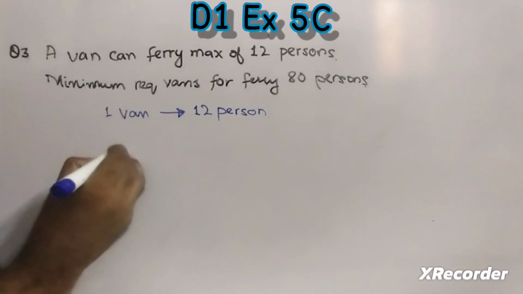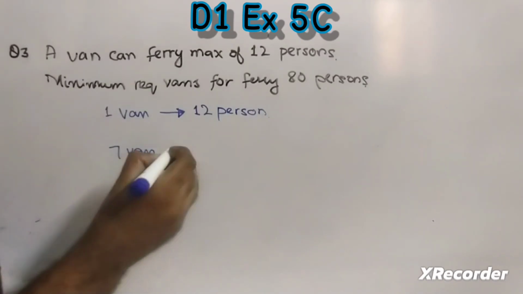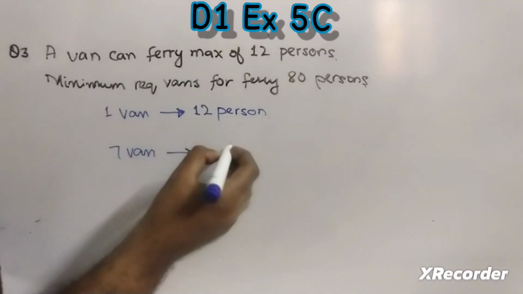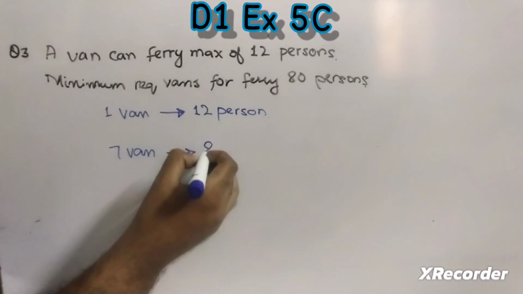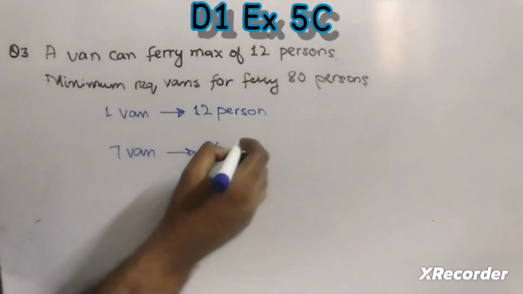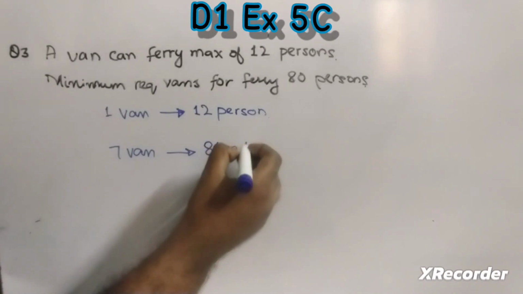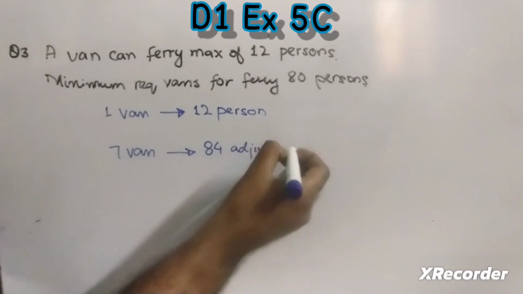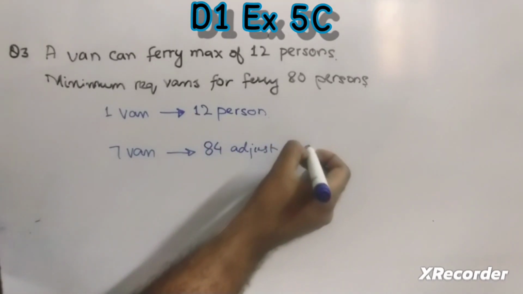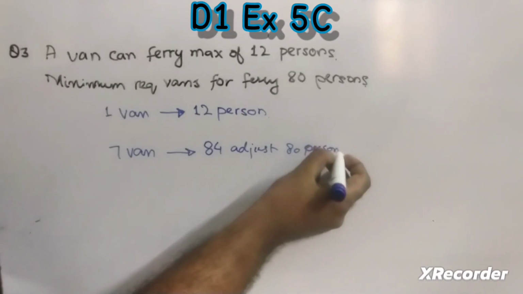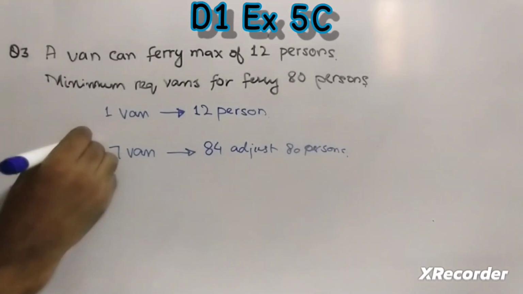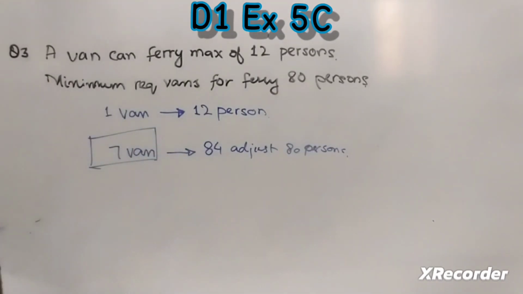So 7 times 12 will give us the answer of 84, and that can easily adjust 80. So our required answer is 7. That is a multiple of 12.